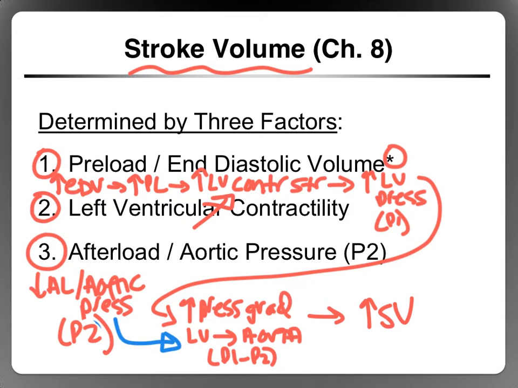So with a decrease in afterload, we get a bigger pressure gradient, and again, greater stroke volume. Keep in mind the factors that affect stroke volume, because any training adaptation that increases VO2 max through cardiac output and stroke volume must occur through one of these three factors.